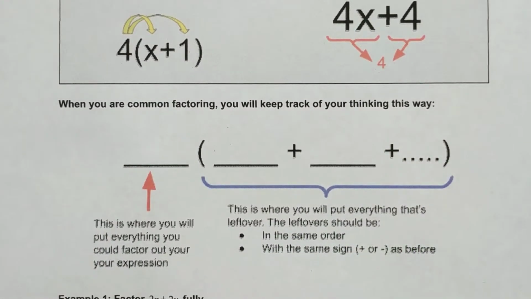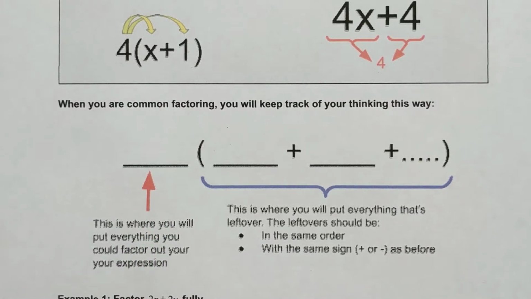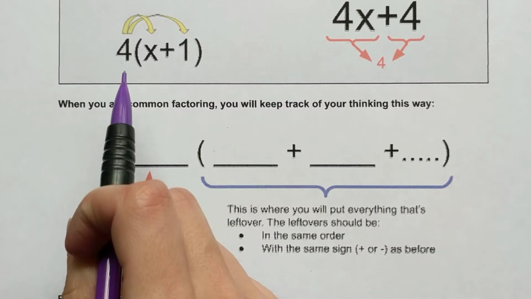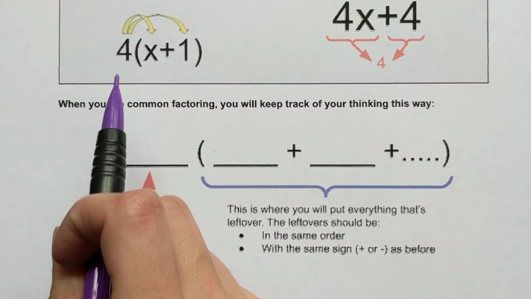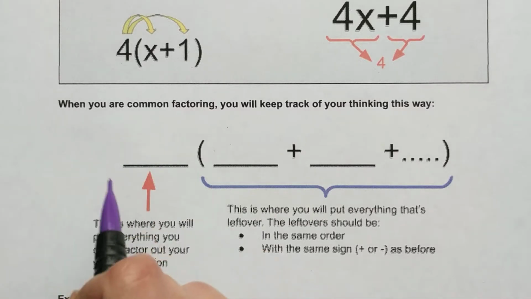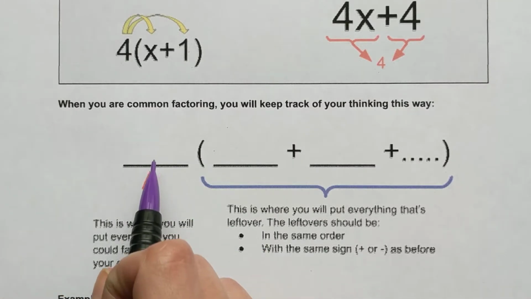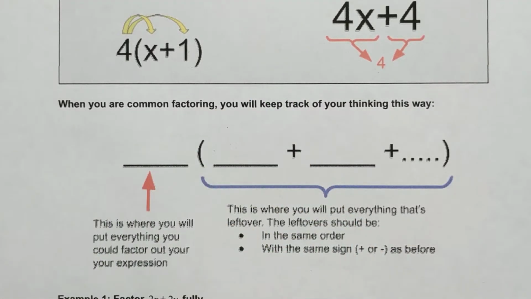When you are common factoring, you're going to keep track of your thinking this way. To the left, in front of your brackets, this is where you're going to put everything that you could factor out of your expression. Just like we have the 4 on the outside of the brackets for distributive property, the number here is everything that you could pull out from your total term.